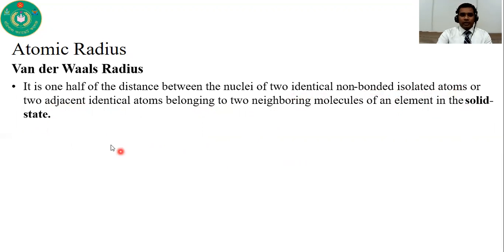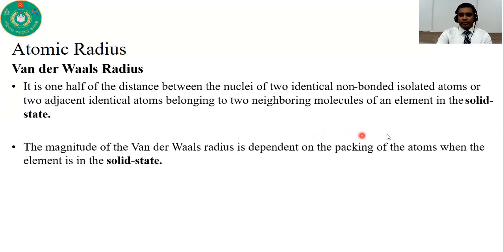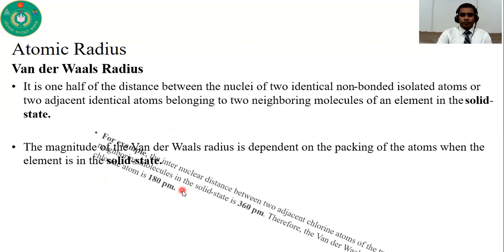This is very important. Van der Waals radius is calculated in the solid state, and it is also like covalent radius, that is half of the distance between the nuclei of the two non-bonded isolated atoms. And the important thing is that in this case the substance should be in the solid state.